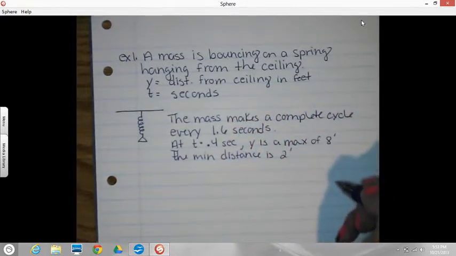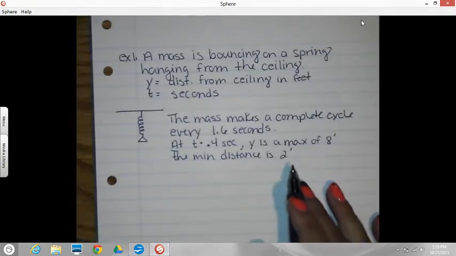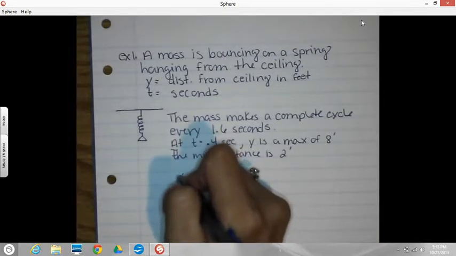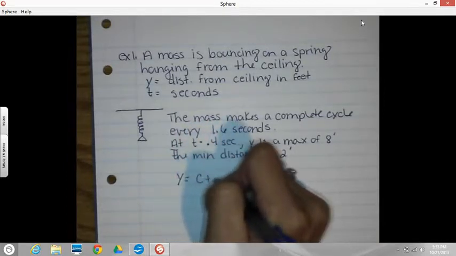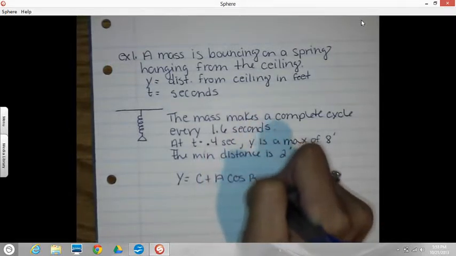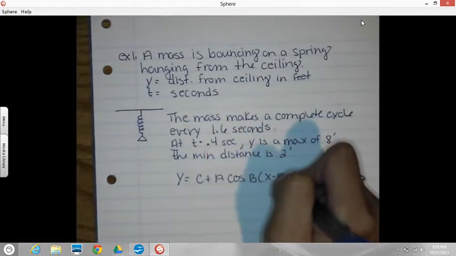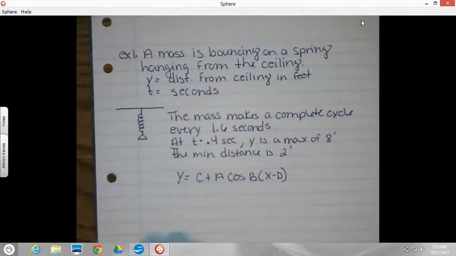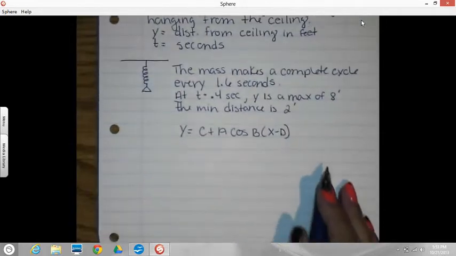I want you to sketch the graph and write the equation. Okay, so your goal is to come up with the A, B, C, and D values. So let's take a look at sketch the graph first, and then these values kind of fall into place. Hopefully they fall into place.